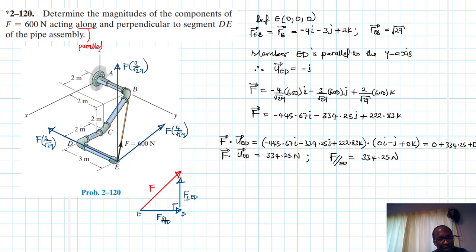Alright, so how do we find this? We can use Pythagoras theorem. So F perpendicular to ED is just going to be equal to F squared, because we just want components, F squared minus F parallel to ED squared.